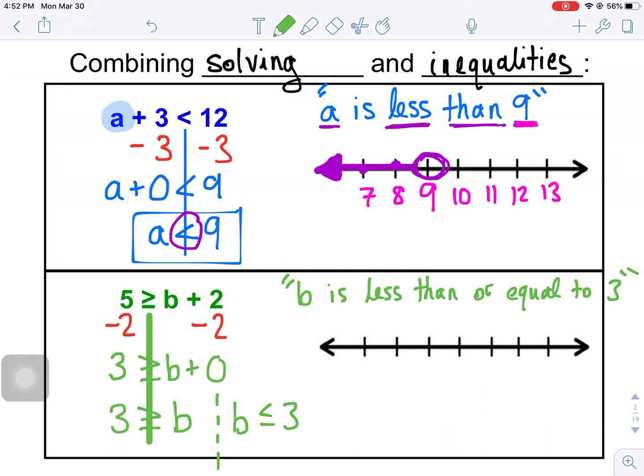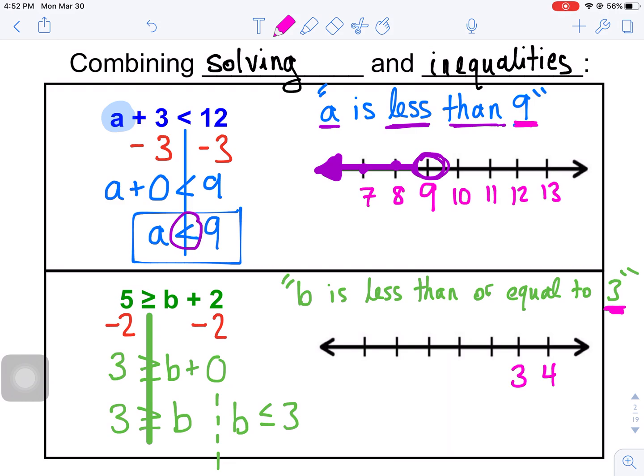Okay. So 3 is the number that we need to make sure is on our number line. So I'm going to put 3 on our number line. After 3 comes 4.